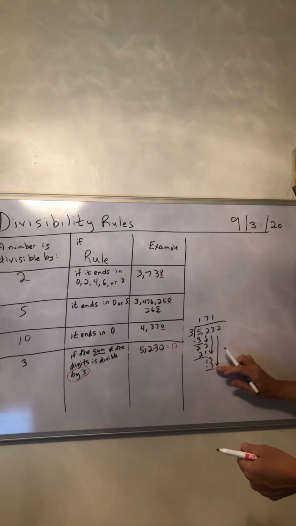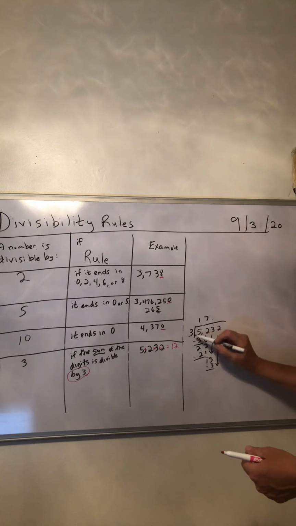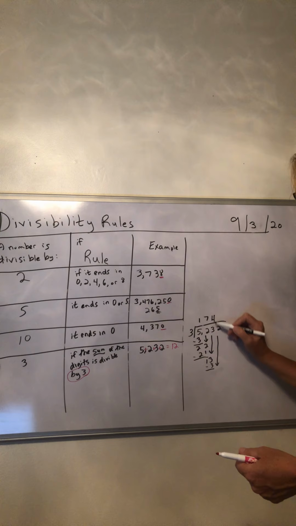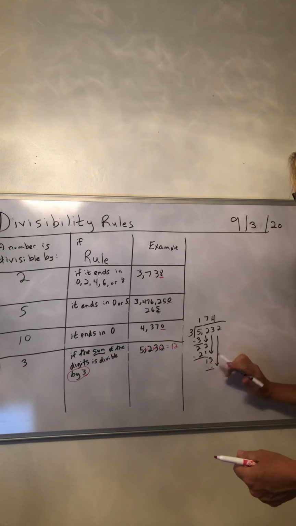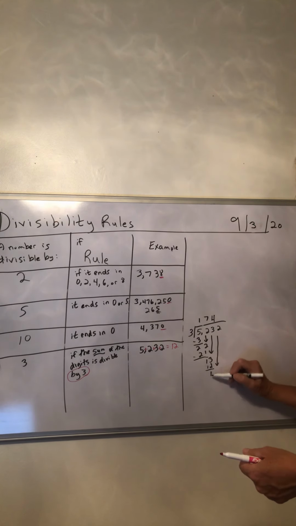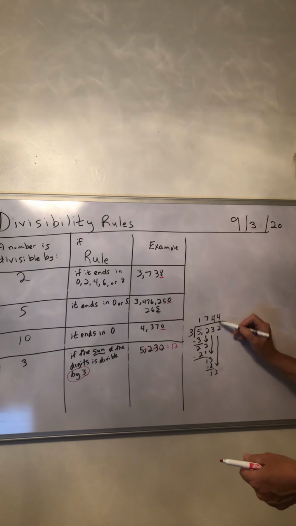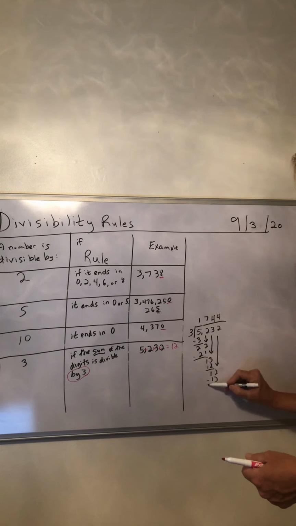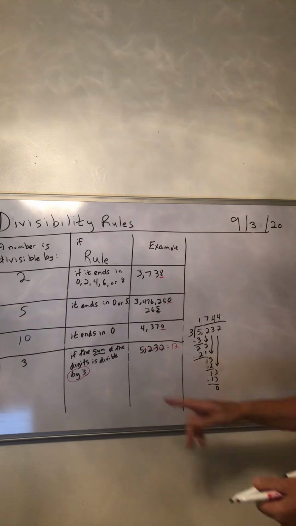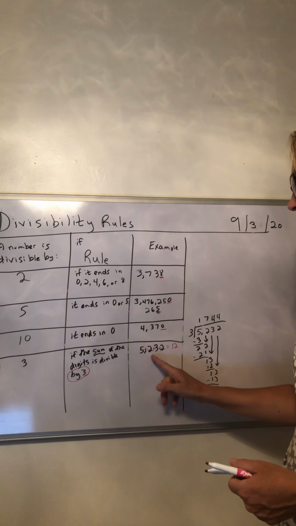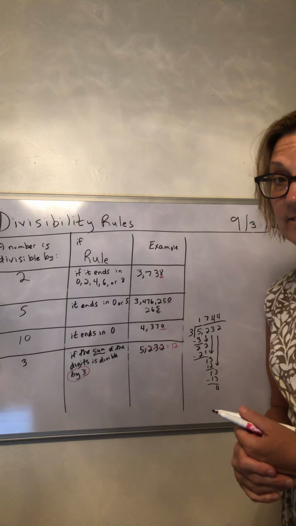So let's see. Sorry about that. 3 goes into 13 4 times, and that gives me 12. Okay, and then I bring down the 2. And 3 goes into 12 4 times. And so you have a 0 remainder. So that means, yes, 3 does go into 5,232 evenly.